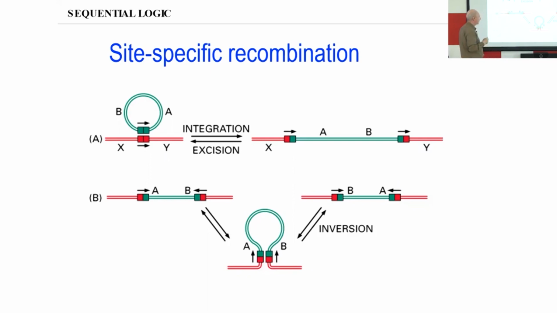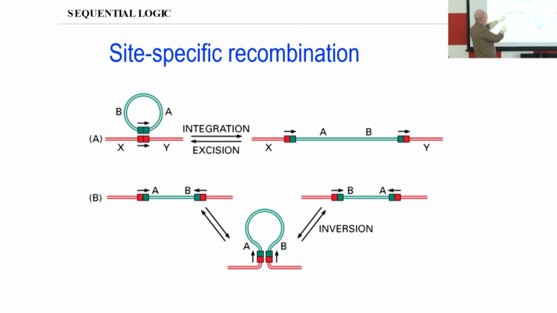So what happens, and this is part of the funny thing, is that when you have the two sequences going in this direction, the site-specific recombinase may bring about not the integration or the deletion, but the inversion of the sequence that is between here and here.